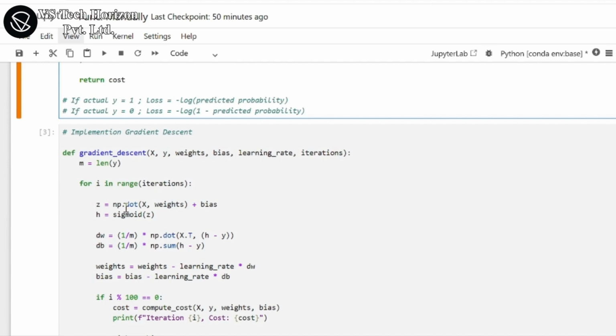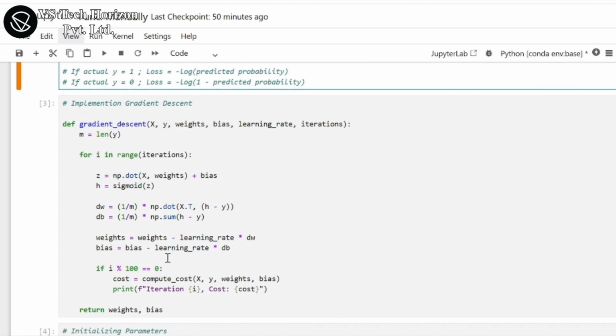Here dw tells us how much to change each weight, and db tells us how much to change the bias. Since bias affects all samples equally, we sum the errors.